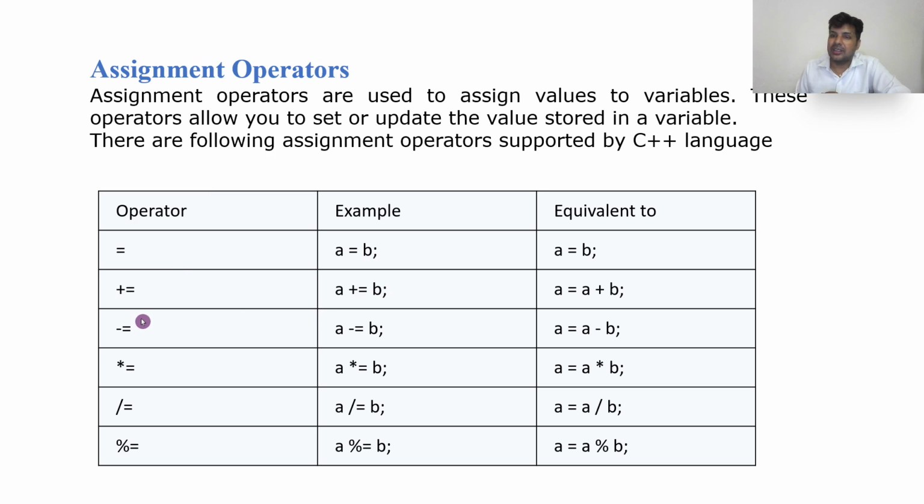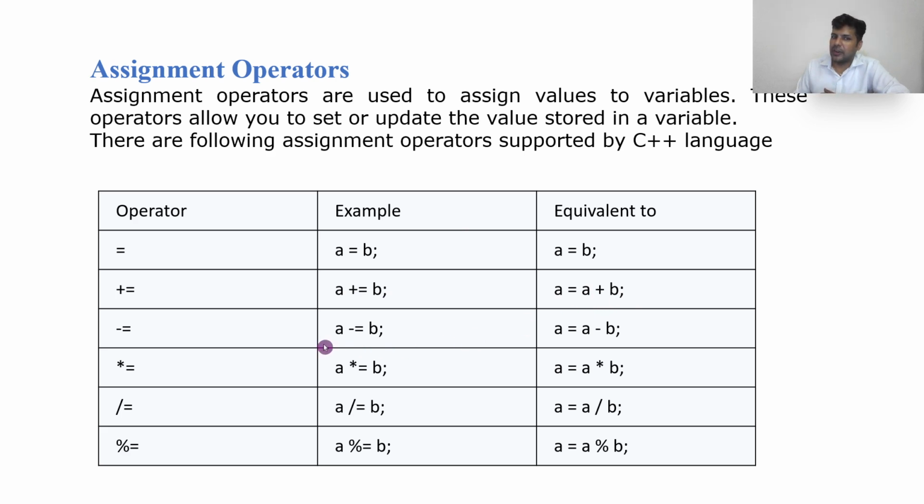Now there are some other assignment operators which are a combination with arithmetic operators: plus equal to, minus equal to, multiplication equal to, divide equal to, modulus equal to. What are these? Just simple. If I write a plus equal to b, that is a equal to a plus b.